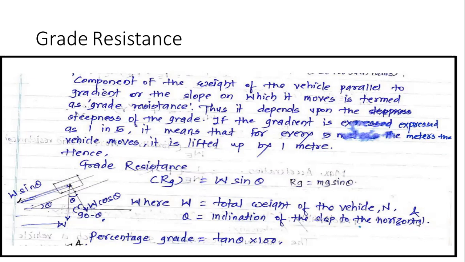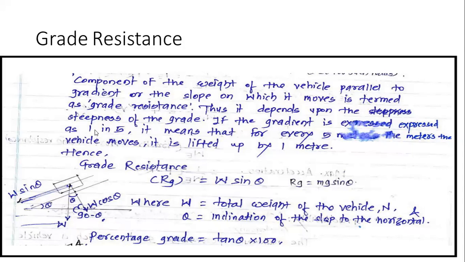So there is one percentage grade. So you can check this formula. Percentage grade is equal to tan theta into 100. So this is also an important formula.